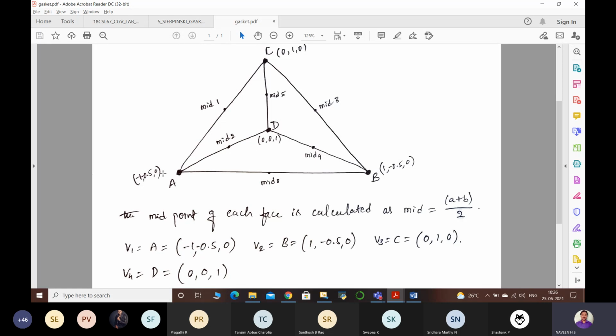That is ABC, one face. ACD is one face, ADB is another face, and similarly BCD is another face. You can see 3 faces, but the triangle base at the bottom is also one of the faces. That will be the 4th face.